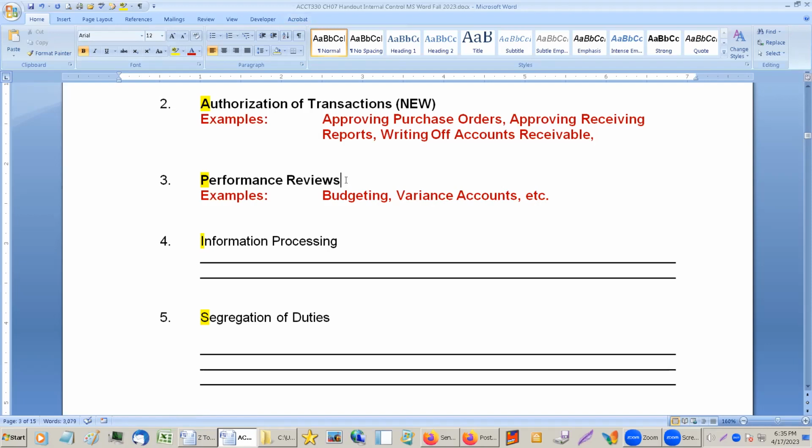You might wonder, how is that a control? It's a control because, for instance, with budgeting, if they're buying something big, a big piece of equipment, a building, it should be on a capital budget. If they have bought new big things and it's not on a capital budget, that's unusual. That's something you gotta look into. Why did they do this? It was obviously not planned for. So a capital budget would tell you that.